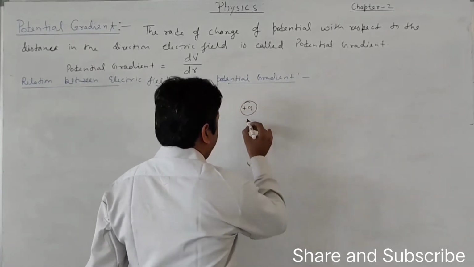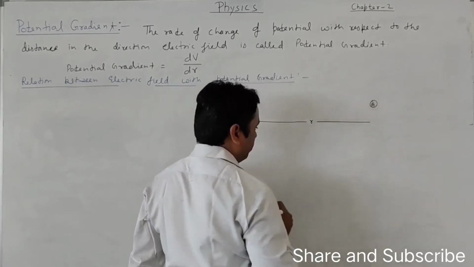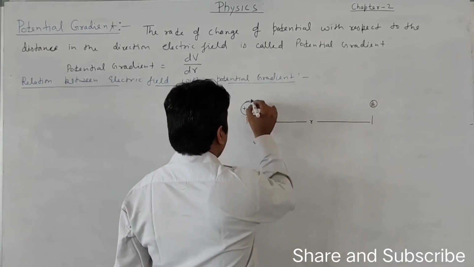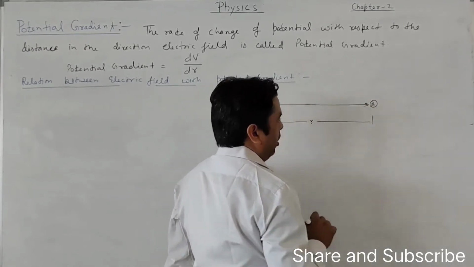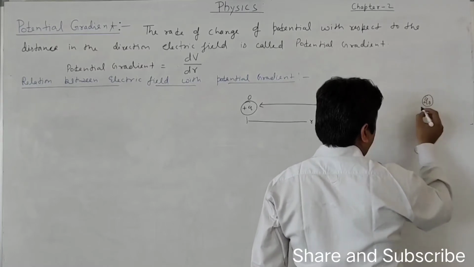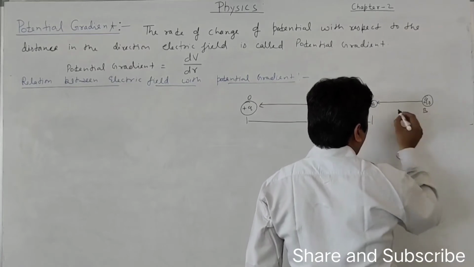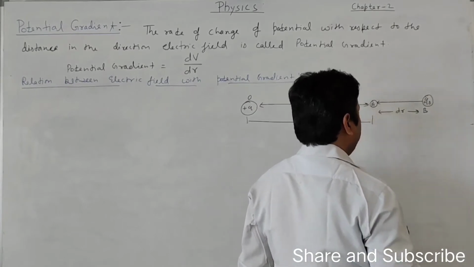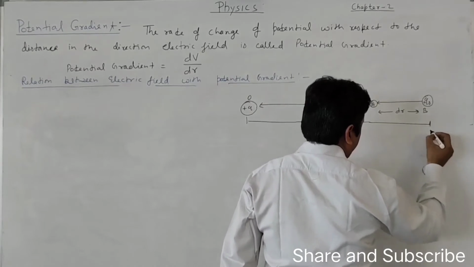From that charge at distance r, we assume a point A. And another charge, called the test charge, is coming towards this point from B. The distance traveled between them is dr.